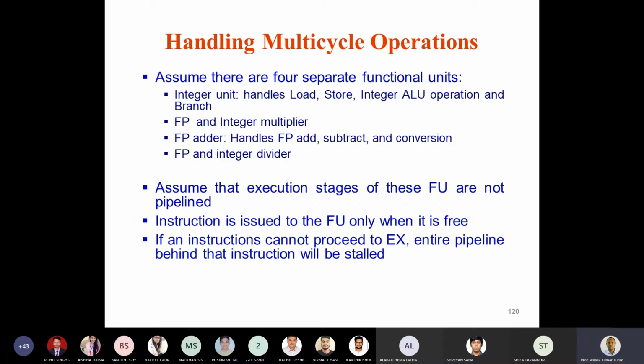The instruction which cannot be issued, as well as all instructions behind it, will be stalled.